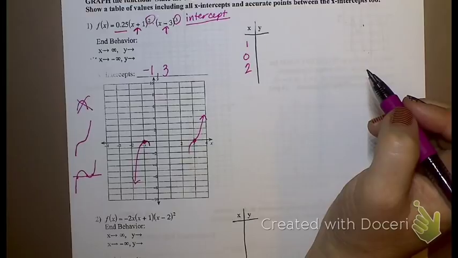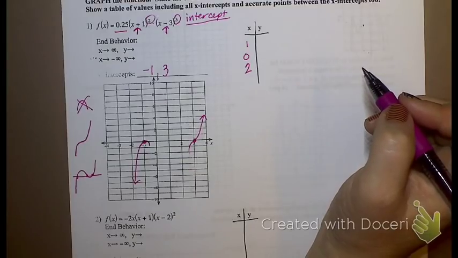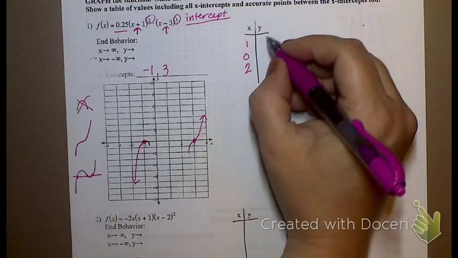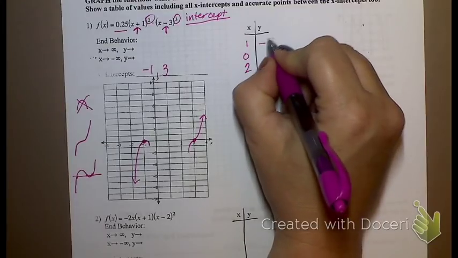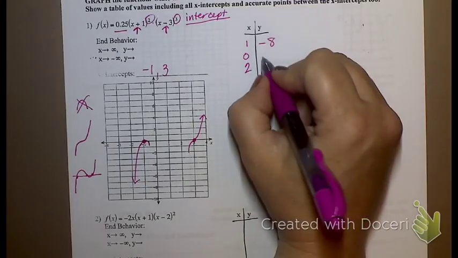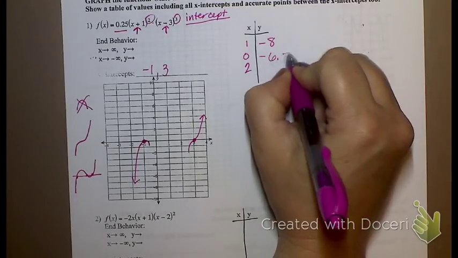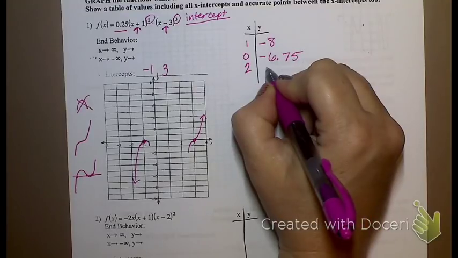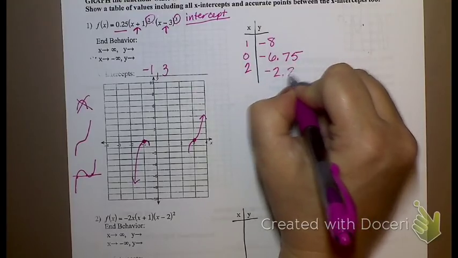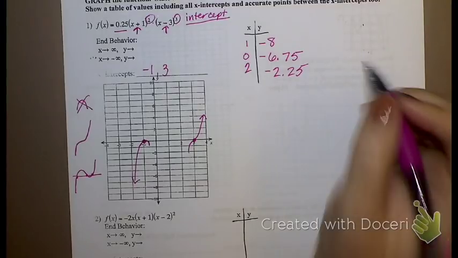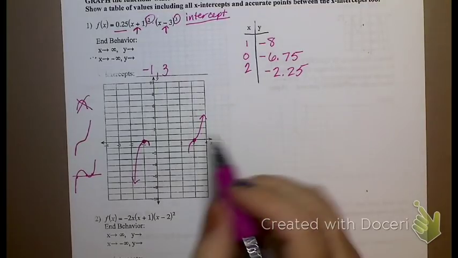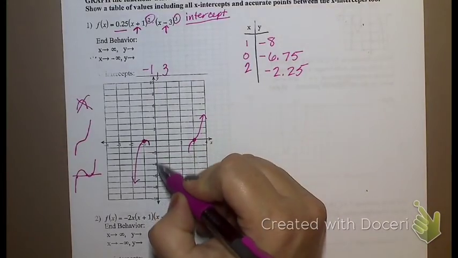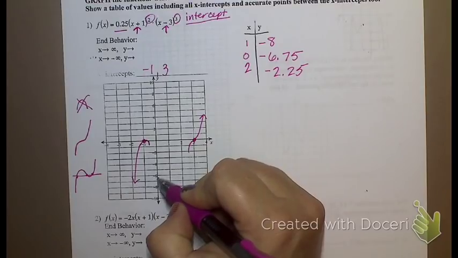Does that make sense? Yes, ma'am. So, to save a little time, when you plug in 1, you get -8. When you plug in 0, you get -6.75. And when you plug in 2, you get -2.25. You can check those on your own time on your calculator. So let me plot these. 0, -6.75 is like down there.